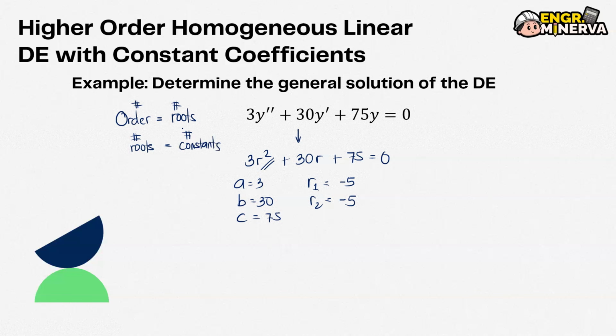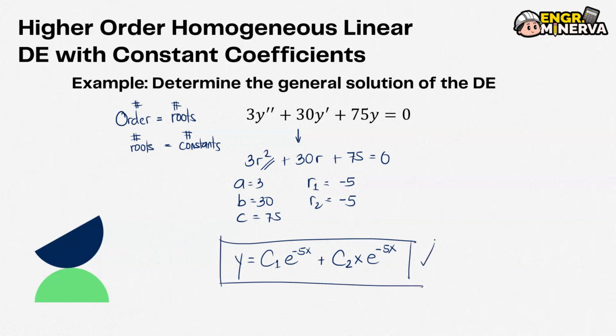So if your order is 2, your roots must also be 2. So our general solution is y equals c1 e raised to -5x plus c2 x, take note, once we have a repeated root, we introduce x, e raised to -5x. And that is our answer.